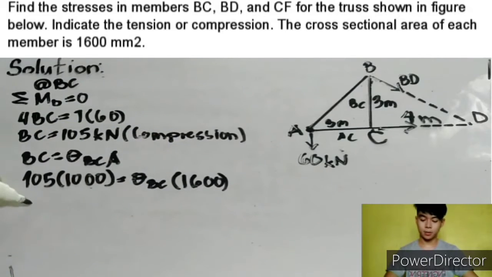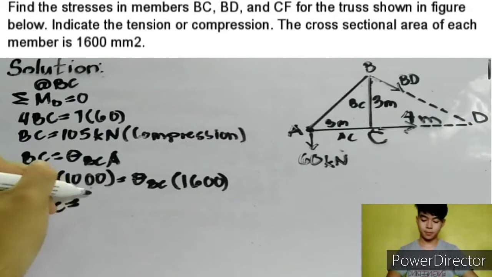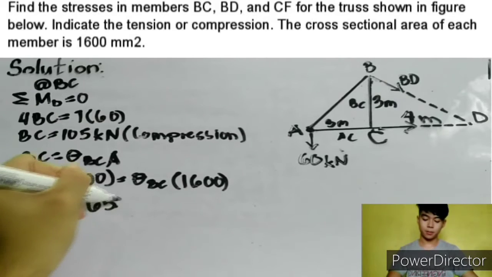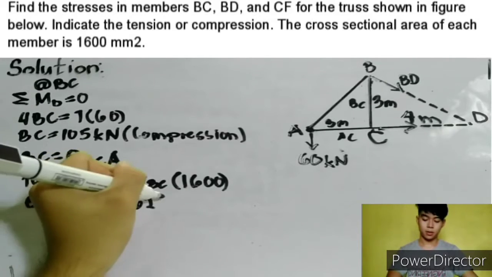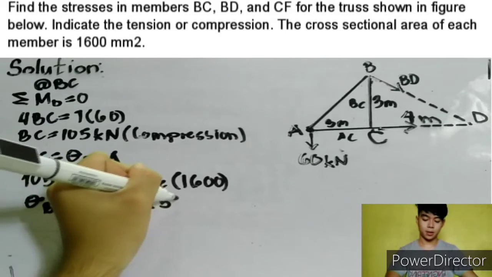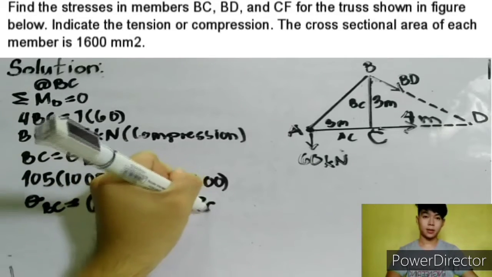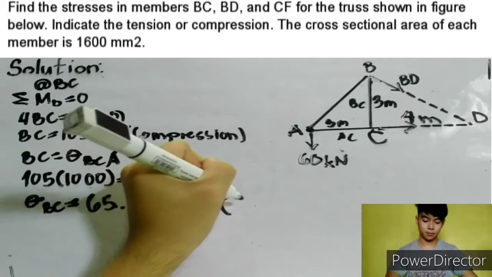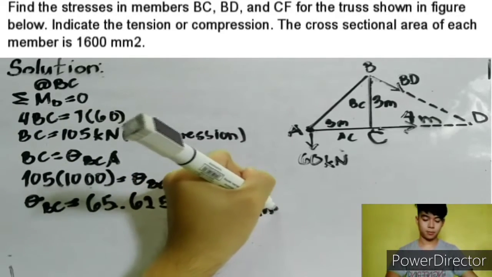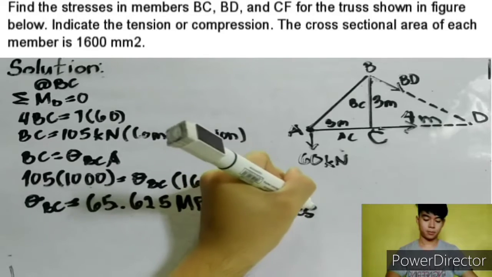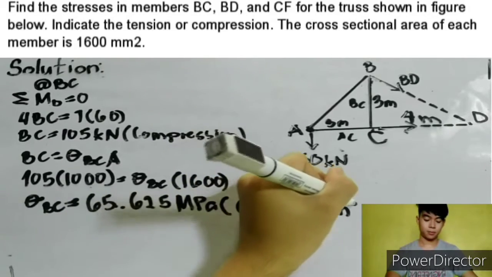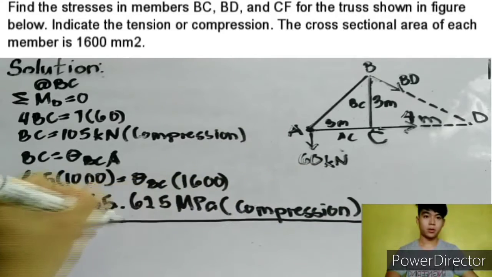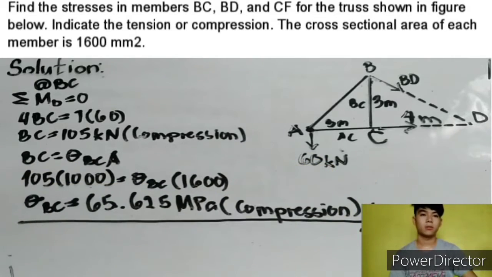So the stress in member BC is equal to 65.625 megapascal, and it is compression. So that is how to solve the problem in compression.